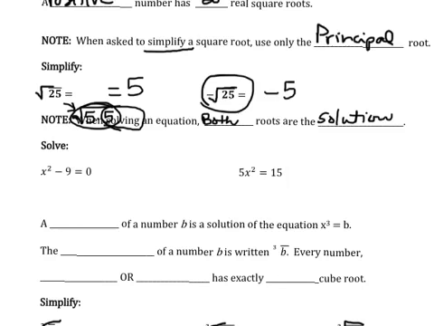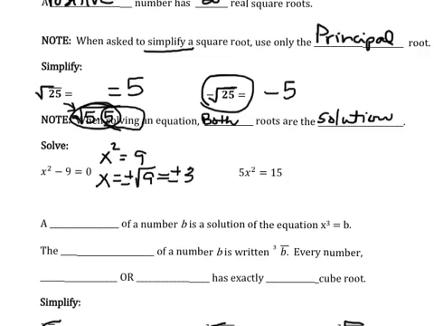We don't have a middle term with an x in it, so we're going to add 9 to both sides. According to my rule above, the solution is going to be plus or minus the square root of 9. But 9 can be written as 3 times 3, so plus or minus 3.